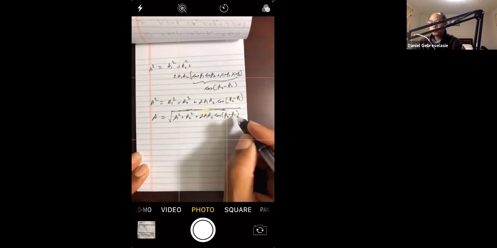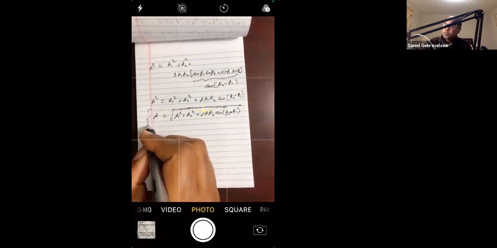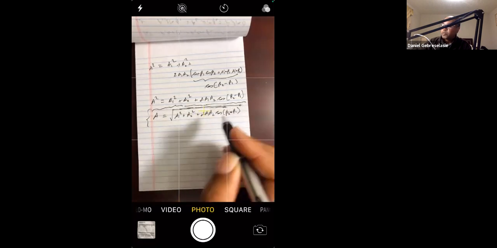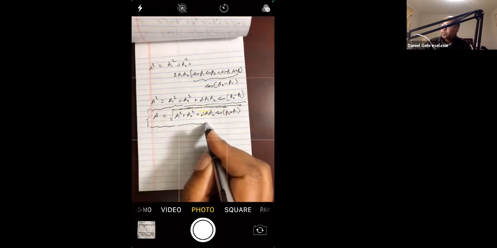So, you remember I told you this phase shift plays an important role in how they're added. That's why the amplitude depends on the phase difference between the two waves. All right. So this gives you the formula for the amplitude of the net wave in terms of the amplitudes and phase angles of the two waves.